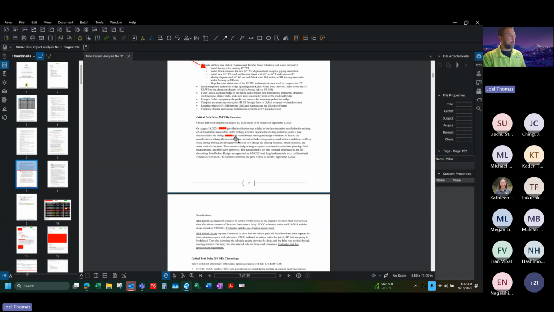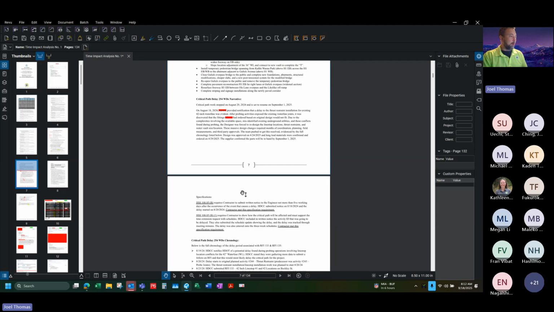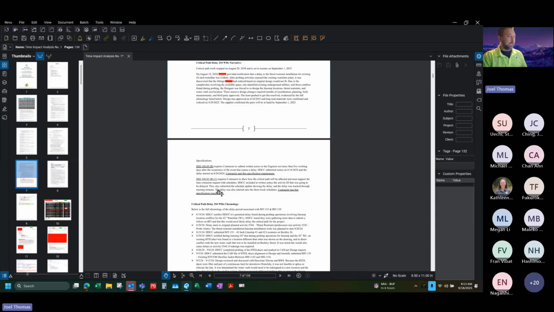They completed probing activities, and they ended up having to work with the designers to come up with a CAD alignment of the existing conflict duct bank so that we could figure out exactly where we would move our new water vault. We had to end up shrinking the water vault and doing all this other stuff just to make it all fit. And then I did a little section on the specifications.